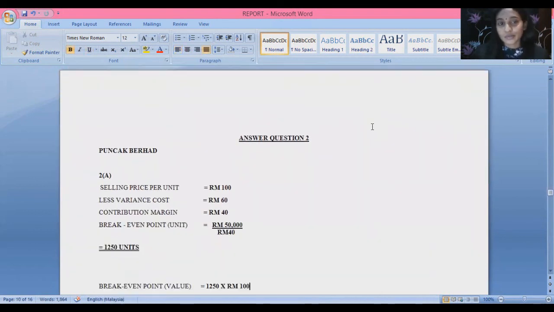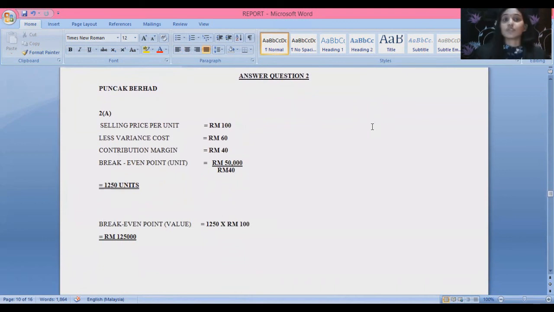So for the question 3A, the selling price you can see here is about 100 and the variable cost is 60. Contribution margin is 40 and break-even point in unit is 50,000 divided by 40.